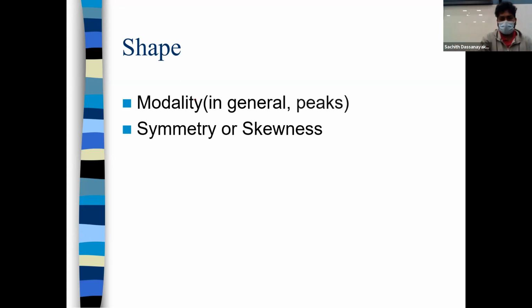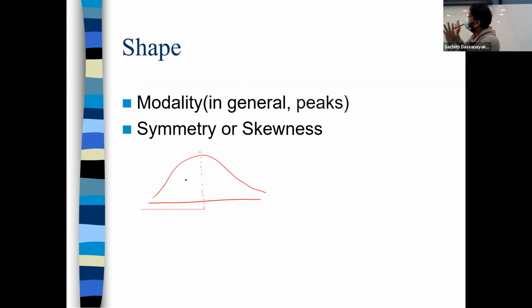So if we have a graph, let's say this is my axis, and let's say we have one peak. Just an example, I'm telling you this is symmetric about this axis. Don't worry about the shape. Let's say symmetric about this dotted line. Skewness means if this peak shifts to one side, we call it skewed.